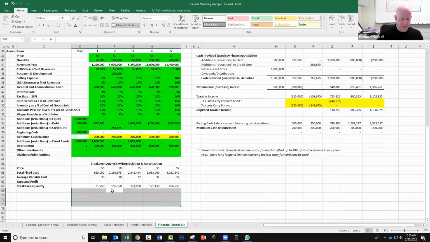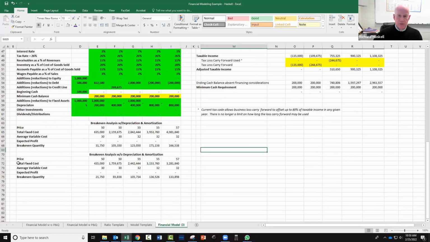So I've gone ahead and I've already done that. And I had those rows hidden. I just let us reveal them. But I think it's important because we can see that if we do break-even analysis without depreciation, a non-cash expense, that the number of units required goes down dramatically.